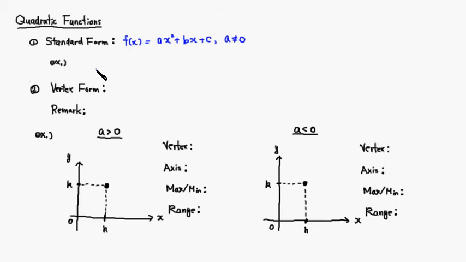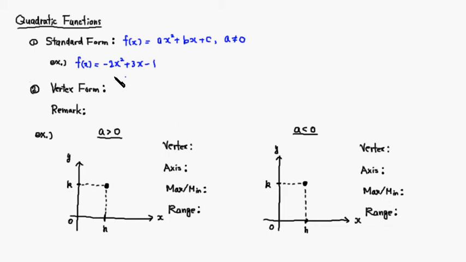Right? So an example would be something like f of x is equal to negative 2x squared plus 3x minus 1, or something like that. Right? And this is called the standard form of a quadratic function.